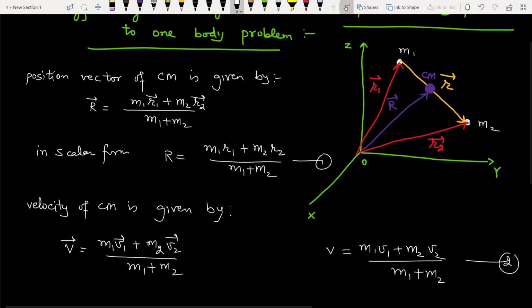Applying the triangle law of vector addition in this triangle, same order, opposite order, same order, opposite order.